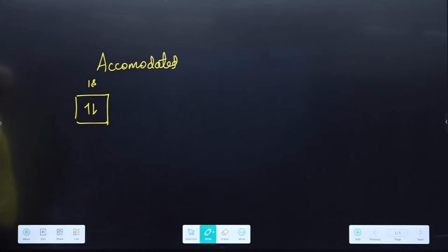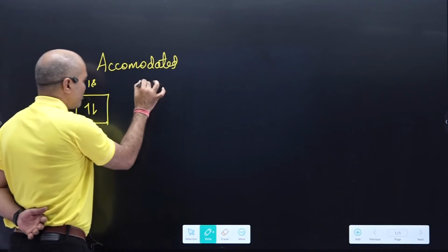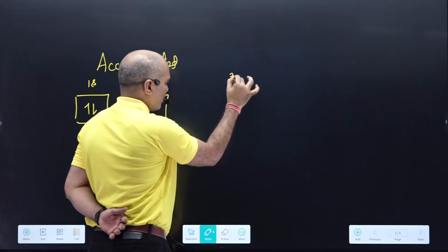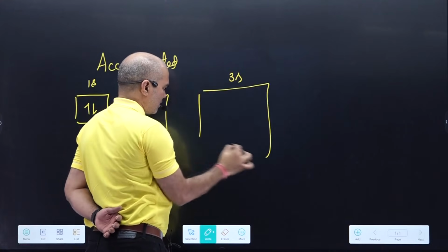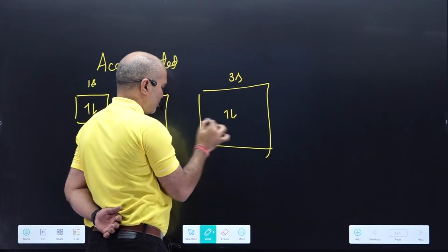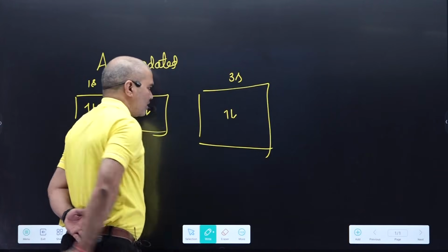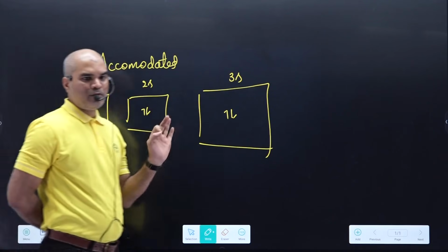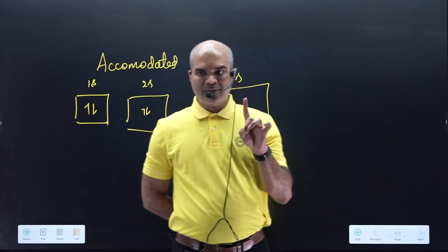So last class my question was, suppose I take a 2s orbital, or maybe I take a 3s orbital, space is increasing, but why does it take only 2 electrons? Now the answer is, the spin of an electron is 1 by 2.